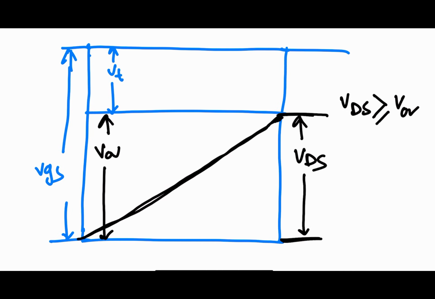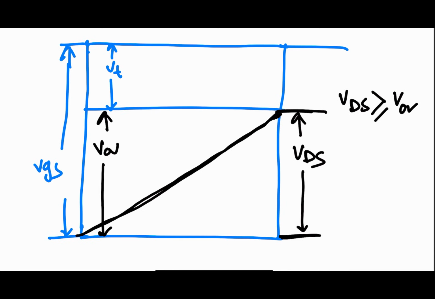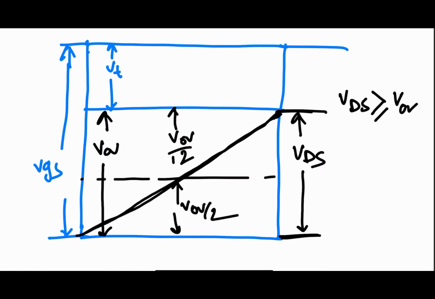Here, what will be the average? This will be VOV by 2.